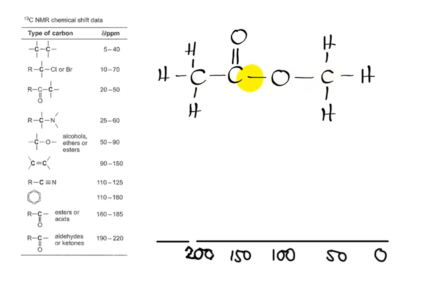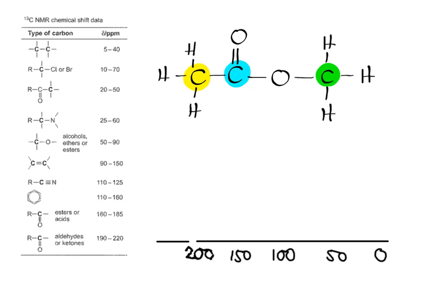Hopefully we can see that the molecule is not symmetrical, so the methyl group on the right hand side is directly bonded to this oxygen, whereas the methyl group on the left hand side is bonded to the carbonyl group, which means that those methyl groups are not the same, those carbons are not equivalent, and hopefully we can see that the carbon on the carbonyl bond is also different. So we've got three different carbon environments, so we would expect three peaks for methyl ethanoate.